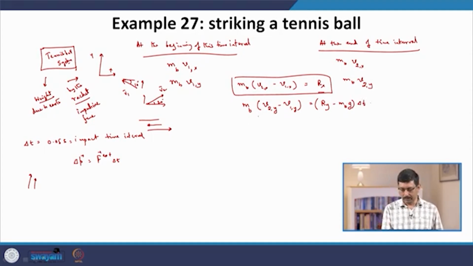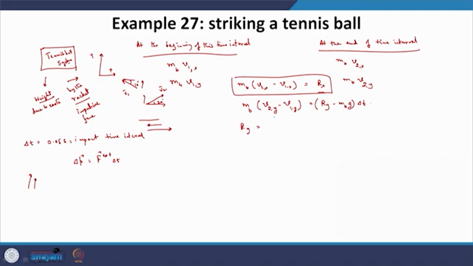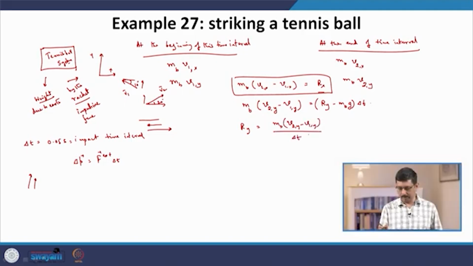So, then from this equation we can rearrange the terms to get Ry, which will be the change in momentum divided by collision duration, plus mg. Okay. So, now I see I made a mistake.